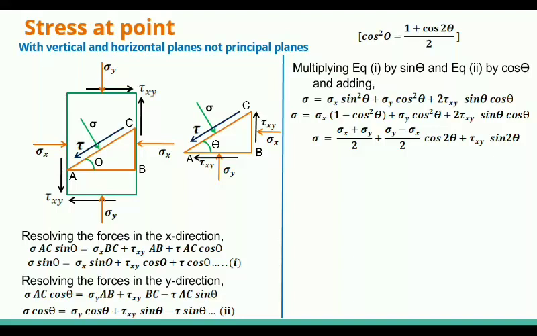So using this relation, we will get this equation: normal stress sigma is equal to sigma x plus sigma y by 2 plus sigma y minus sigma x by 2 cos 2 theta plus tau xy sin 2 theta. You will get this result, don't worry. You just try to do it by yourself, you can get this result.